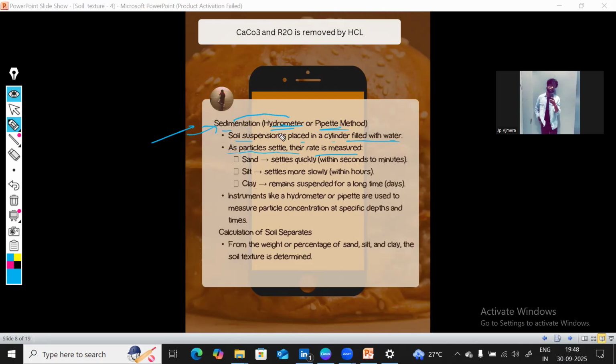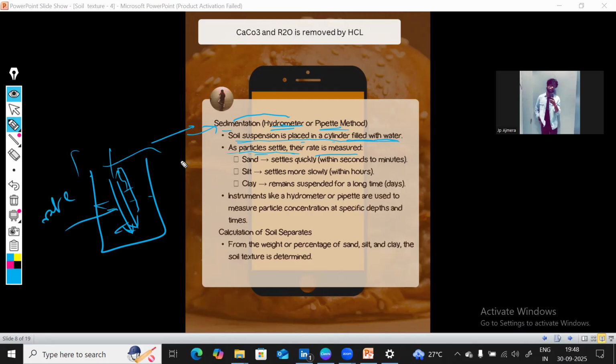Sedimentation is followed in both methods. We place the soil in the cylinder with water, and the particles go down at a rate of flow; that is known as sedimentation.